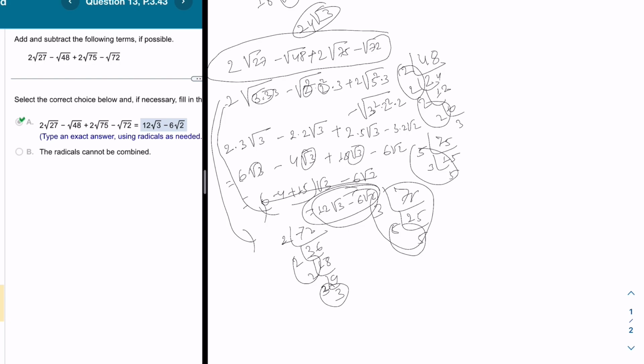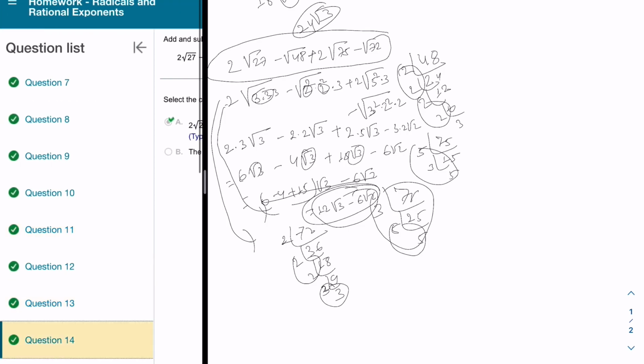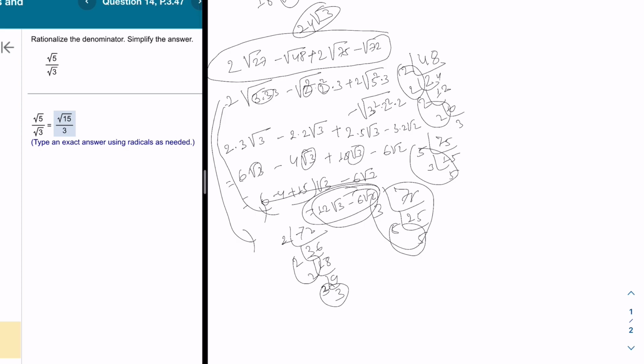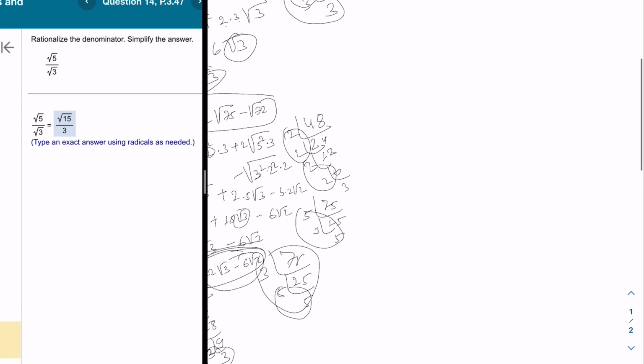Okay, let's move to question number 14. All those are the same thing. So what's the question now? Rationalize the denominator. Okay, let's rationalize it. This is the numerator, this is the denominator. Rationalizing the denominator is like getting out the root that is in the denominator.